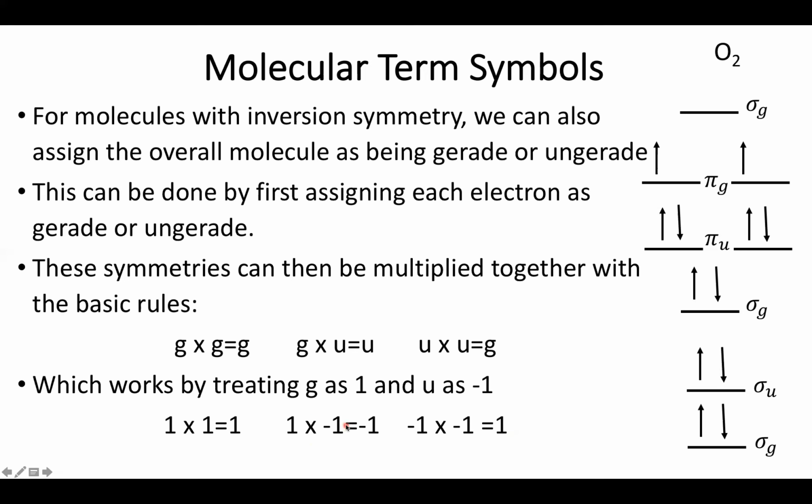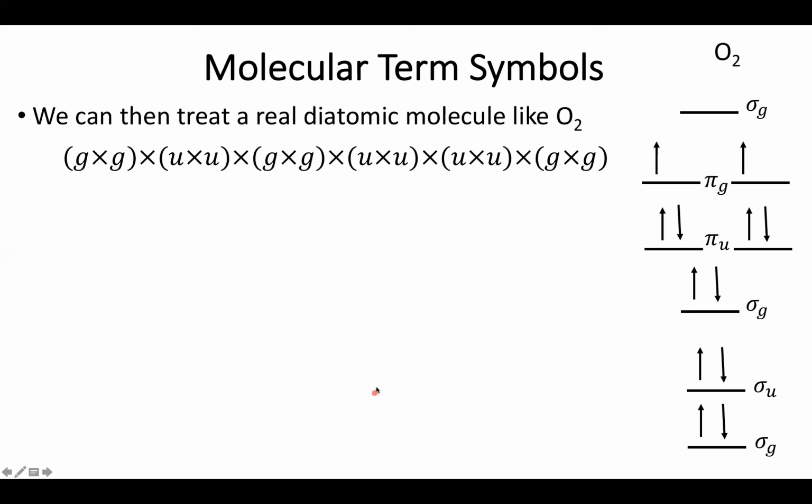So let's try and use this to examine a real diatomic system like O2. I've got two electrons in my bonding orbital, two in my anti-bonding orbital, two in my p sigma bonding orbital, four in my pi bonding orbital, and two in my pi anti-bonding orbital. Whew, that's a lot.